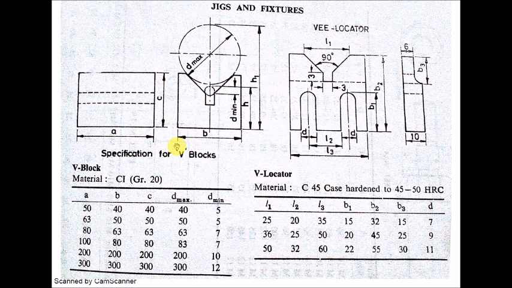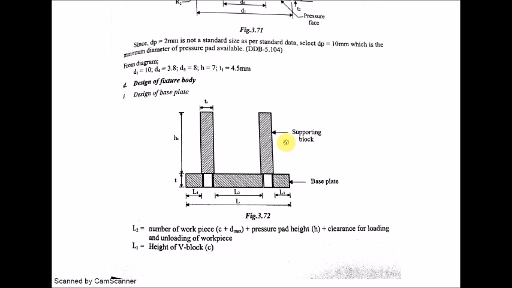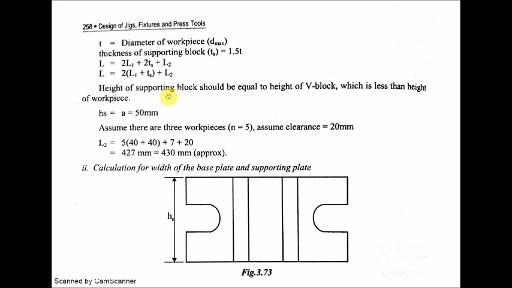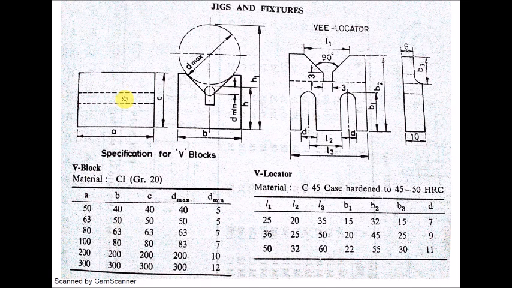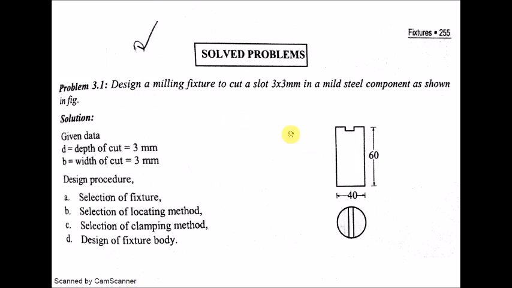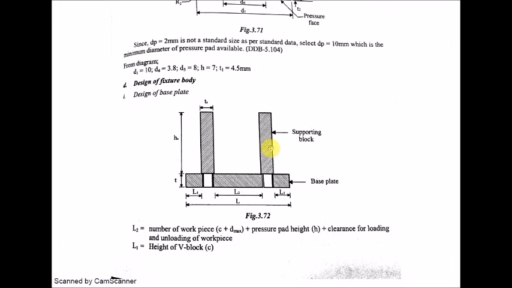Whereas in our case, since this portion will be the bottom portion, this will be its height. So what is mentioned in the problem is correct. The height of the workpiece is already given, so it must be less. Fine.